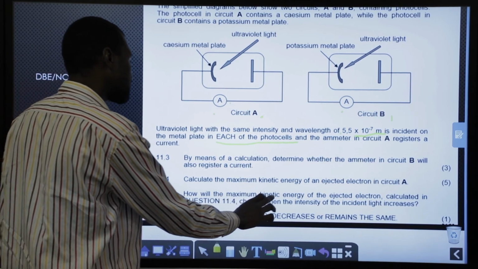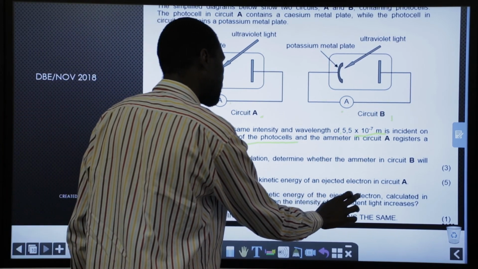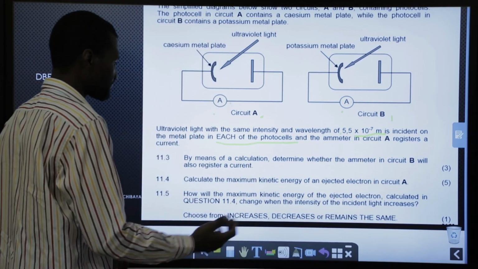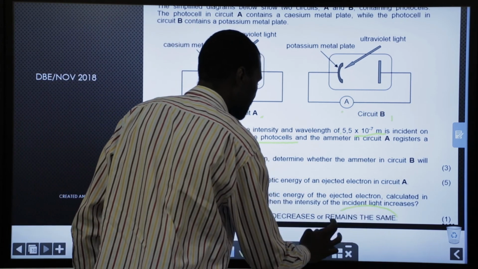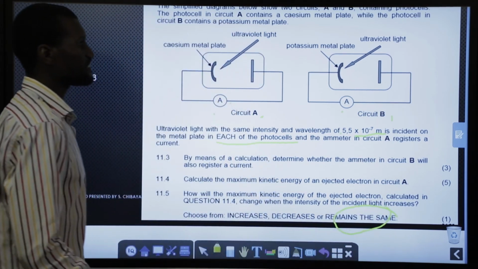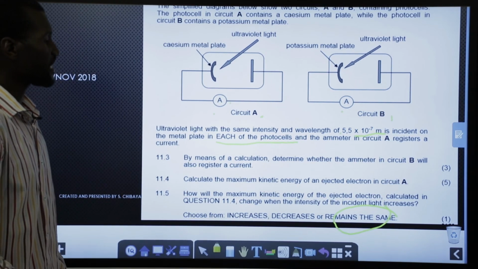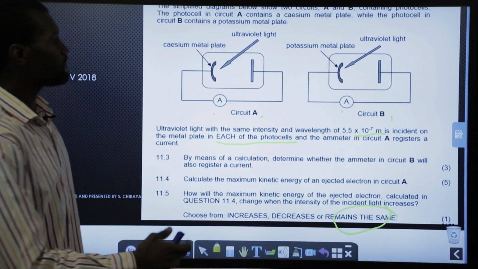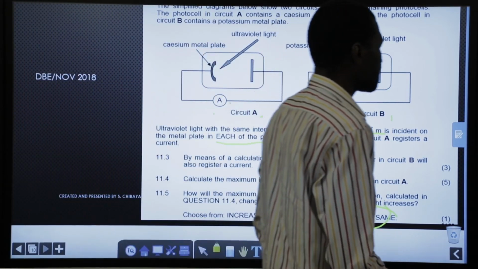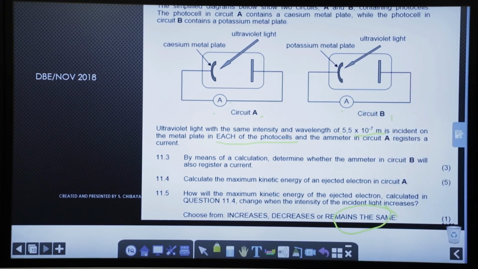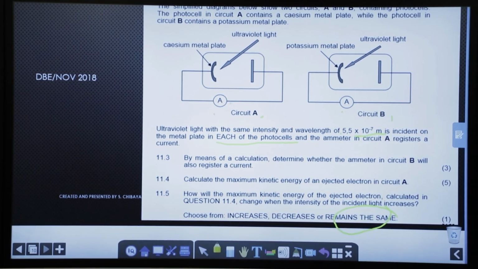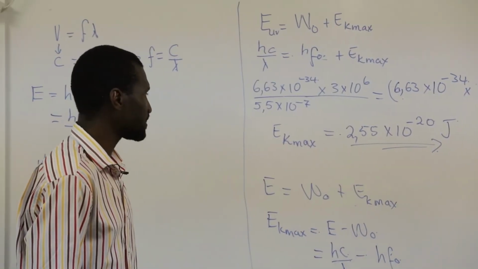So how will the maximum kinetic energy of the ejected electrons be? Maximum kinetic energy will remain the same. Okay, now, knowing for a fact that, just expanding this question a little bit, EK is equal to 2,55 times 10 to the power of negative 20.